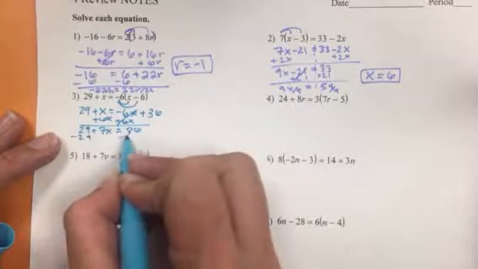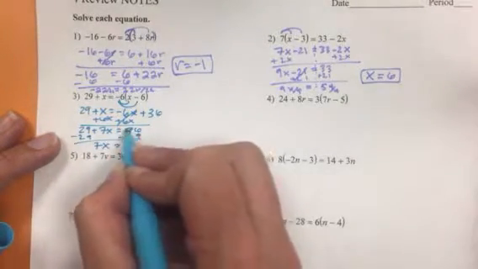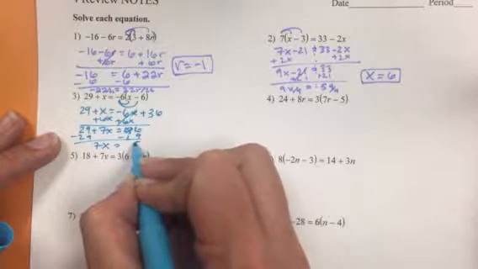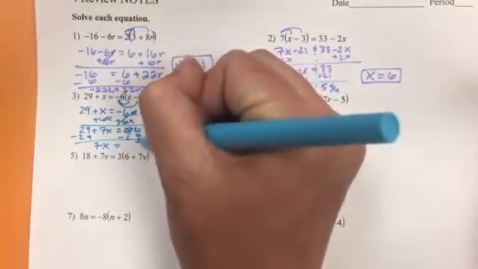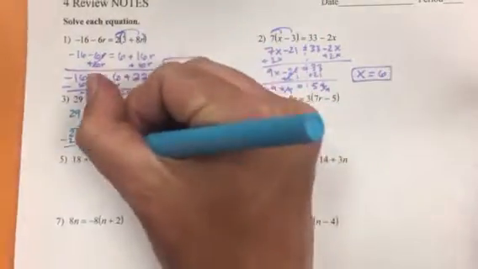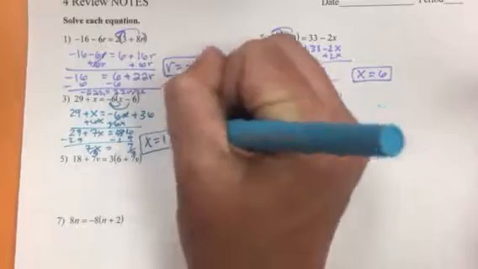Minus the 29. 7x is equal to 7. Divide by 7, and x is equal to 1.